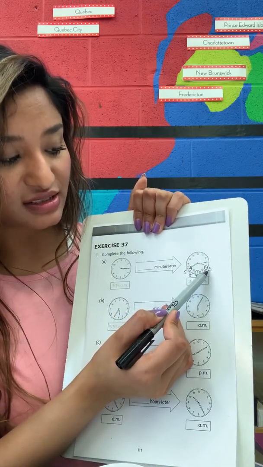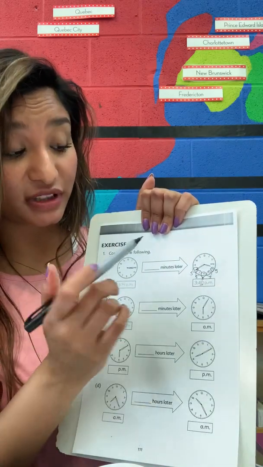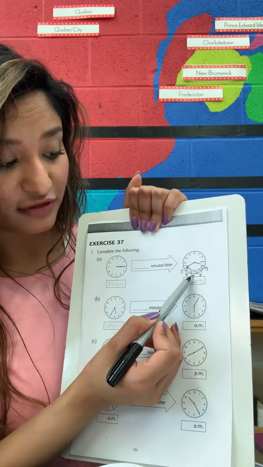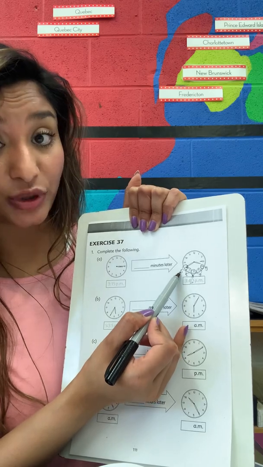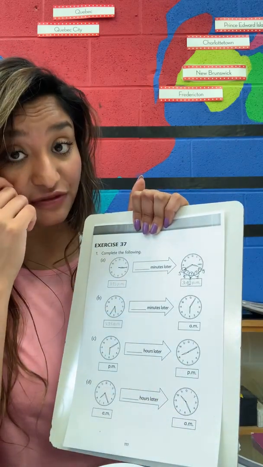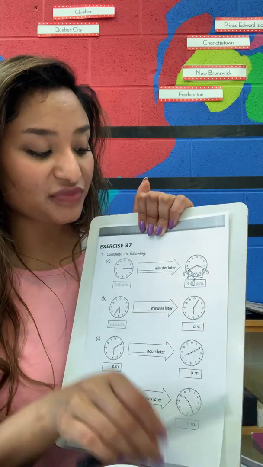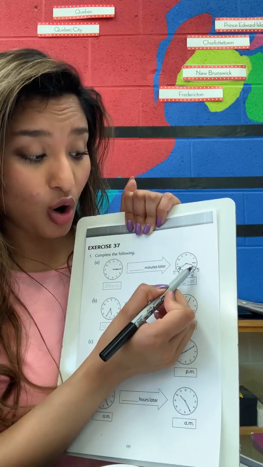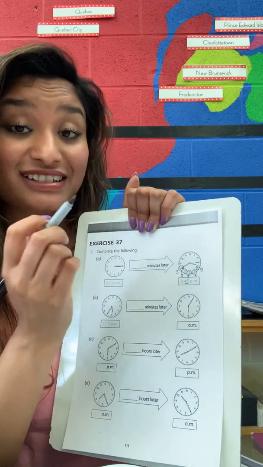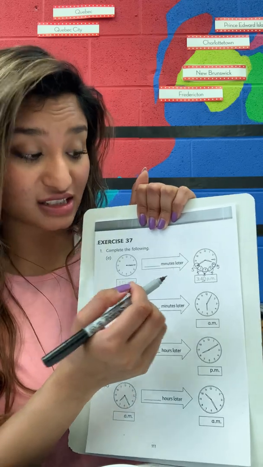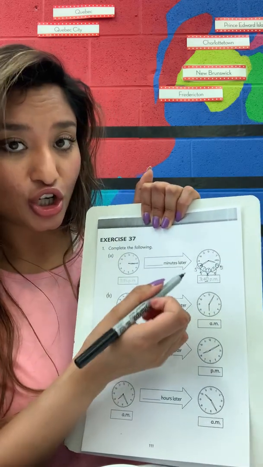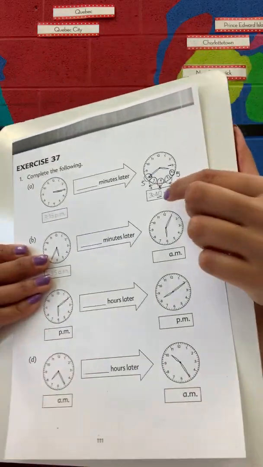All these numbers are 5 minutes apart from each other, right? So 5 minutes. Now let's start counting. How many minutes have passed? 5 minutes, 10 minutes, 15, 20, and 25. Because all the way from 5 times 3 gives us 15 to 5 times 8 gives us 40. So all the way from 15 to 40, it's 25 minutes because these numbers are 5 minutes apart from each other.